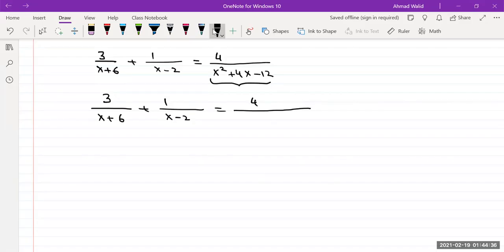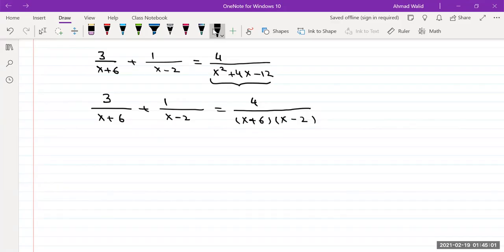It's a trinomial, right? You open two parentheses, x and x. What are the factors of 12? What are those numbers that multiply to give you negative 12 and add to give you positive 4? Of course, x plus 6 and x minus what? 2.